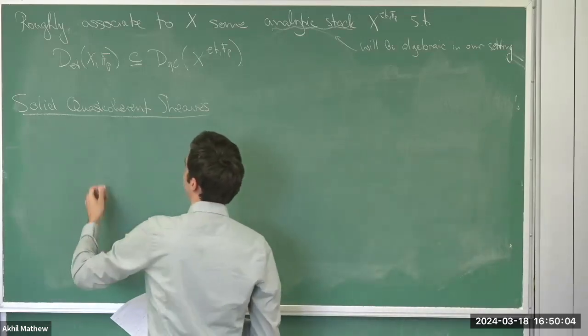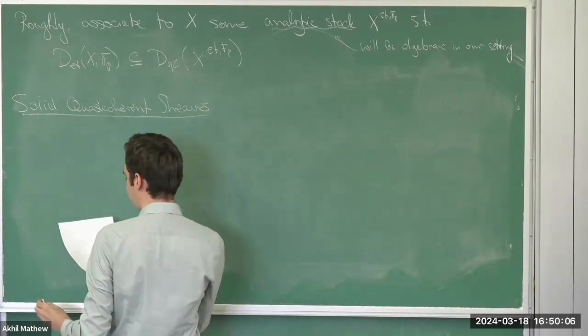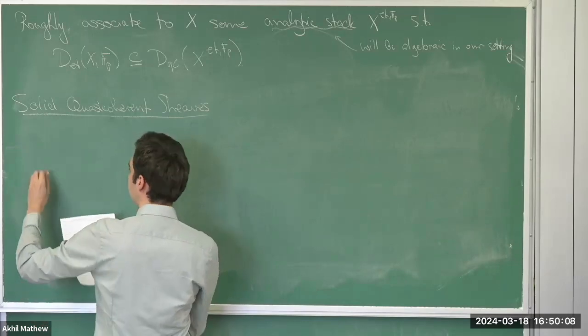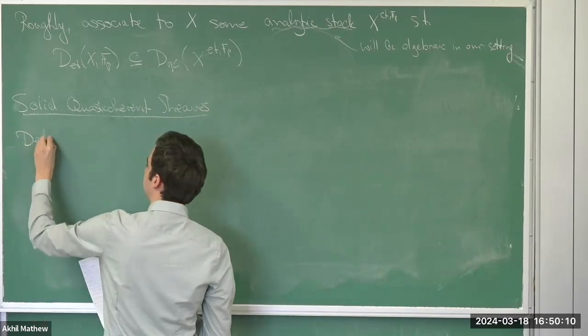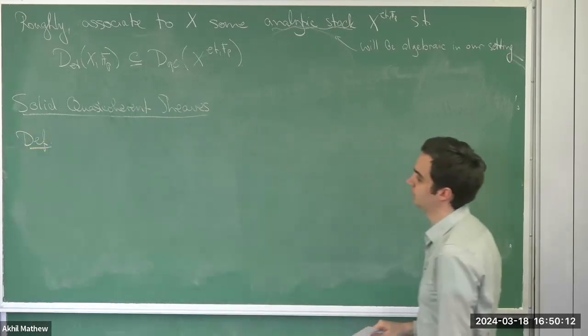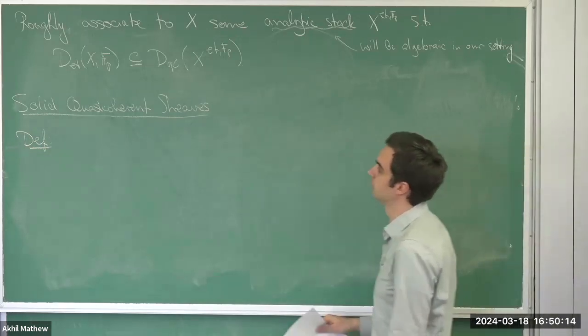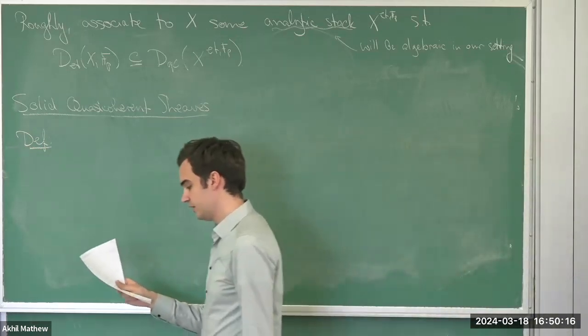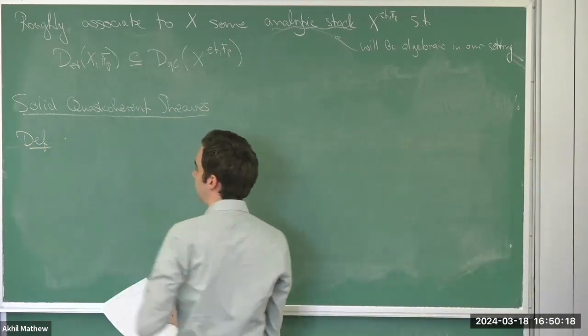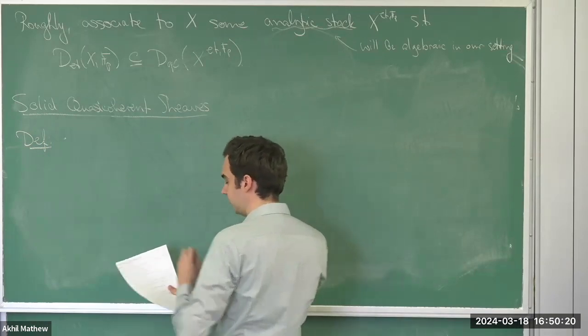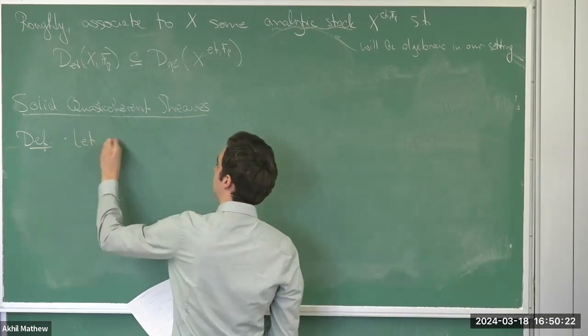Well, this is part of the condensed mathematics framework of Clausen and Scholze. Let me maybe first recall the definition of condensed abelian groups and condensed modules. It's actually quite easy to define.